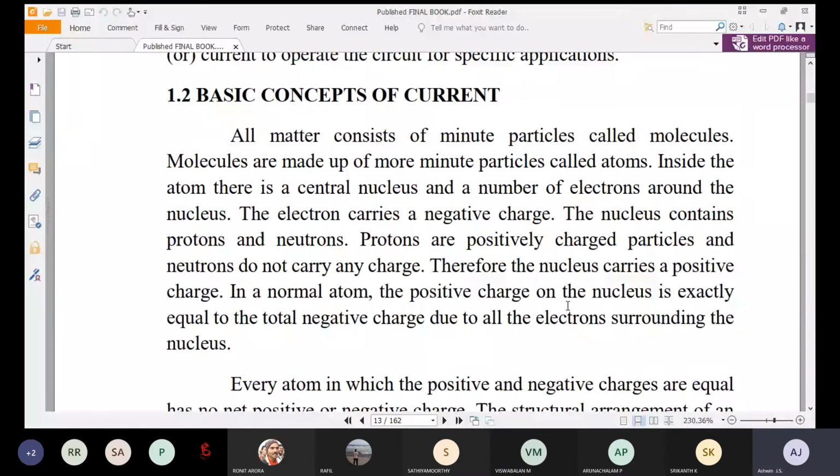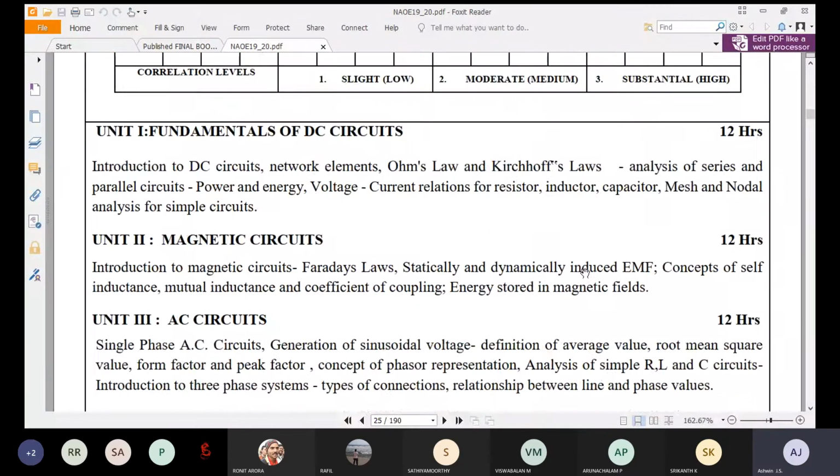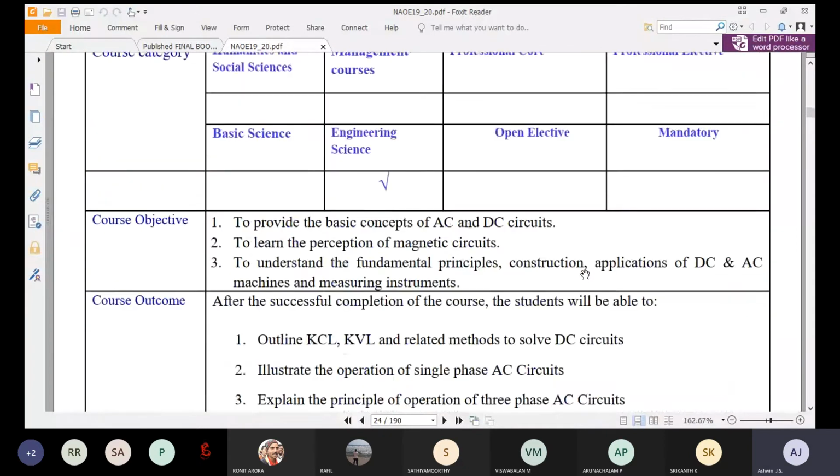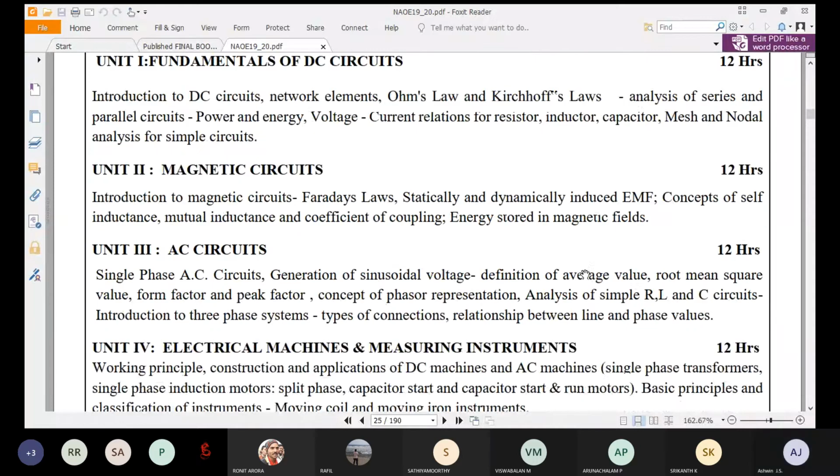I will project the syllabus also. Can you able to see the syllabus?